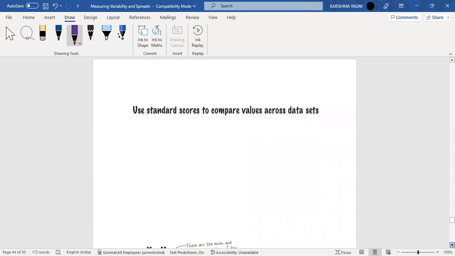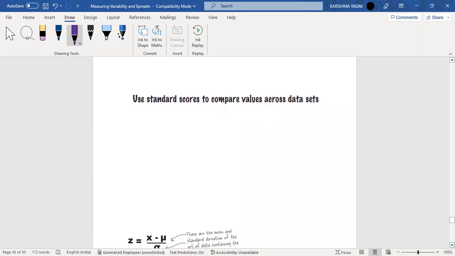Okay, so use standard scores to compare values across data sets. Standard scores give us a way of comparing values across different sets of data, where the mean and standard deviation differ.